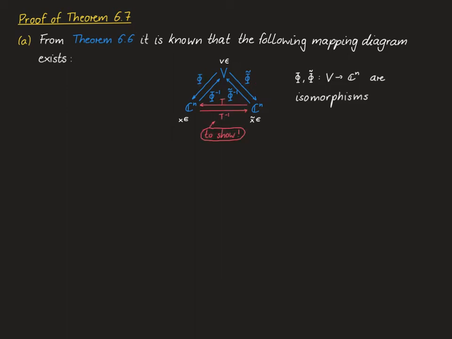What we need to prove is that there exists an n by n matrix T that maps x tilde to x, and that this matrix T has an inverse matrix, T inverse, that maps x to x tilde.